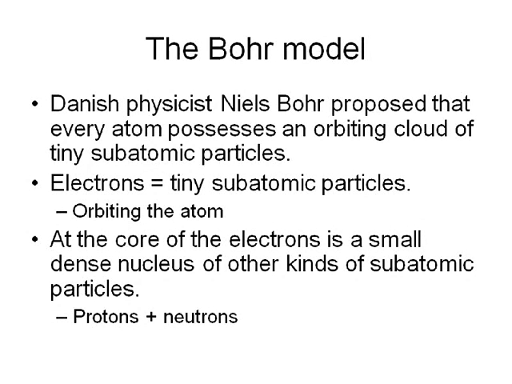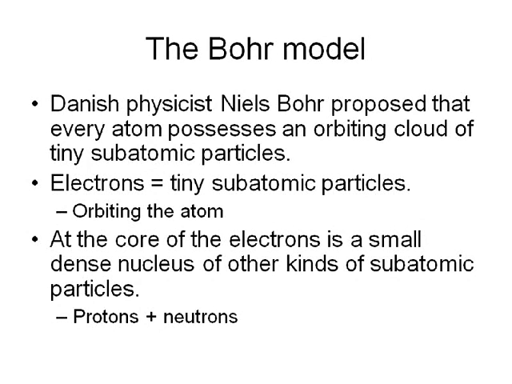Okay, so Niels Bohr proposes that every atom possesses an orbiting cloud of tiny subatomic particles. What's a subatomic particle? What's going to be its size relationship? Is it going to be larger than an atomic particle or smaller? Subatomic particles are smaller than atoms. These tiny subatomic particles are what we call electrons.